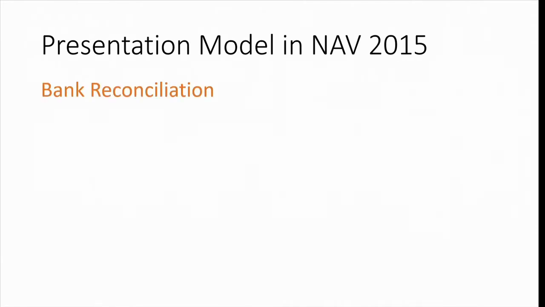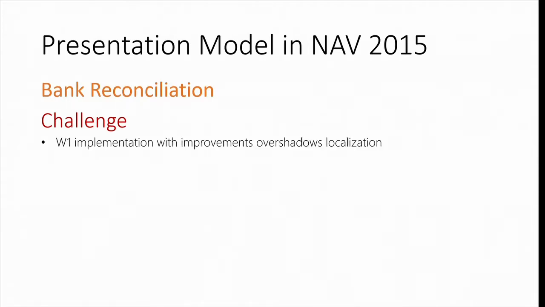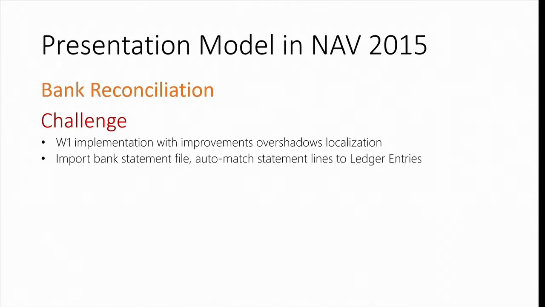So how did we use that in 2015? For the bank reconciliation feature, we keep going with that feature because it's feature-rich. We had some local implementation, and that one was offering good value for the users. But the universal implementation we have in W1 has evolved over time to cover the same features. And on top of this, it even offers integration with importing bank statements and auto-matching, as we described in the previous slide.